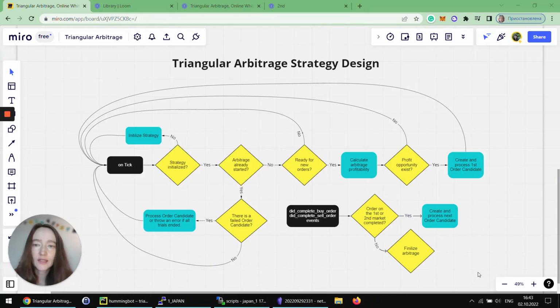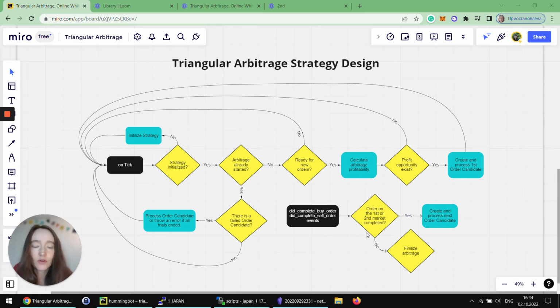So let me show next the strategy design. First, the strategy is initialized by rearranging trading pairs and setting order size according to the picture I showed before. Then there are some checks: if the arbitrage is already in process, if there is enough balance, if the status is okay. If those checks are passed, the strategy calculates the profitability based on the current order book depths, and if it finds that a profit opportunity exists, the first order candidate is created and executed.